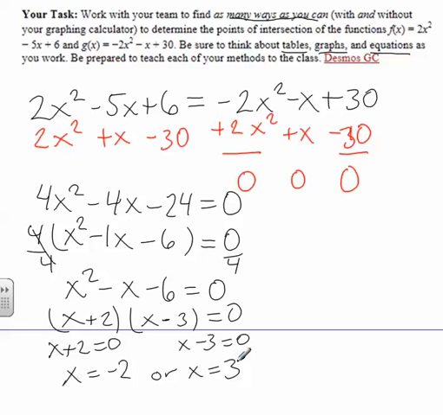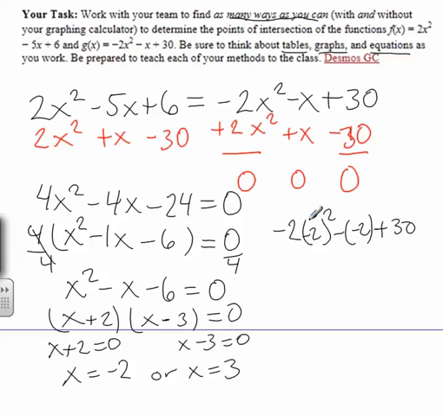So let's go ahead and do that real quick. You can choose either of the two functions, whichever one you seem to like best. I'm going to go ahead and go for this one. So if I've got negative 2, plug in the negative 2 and square it, minus a negative 2 plus 30.